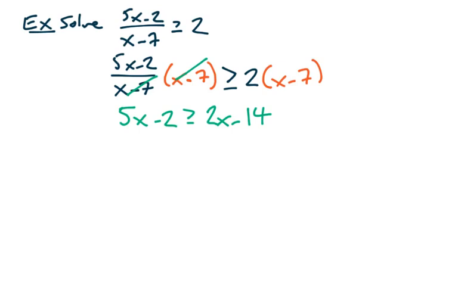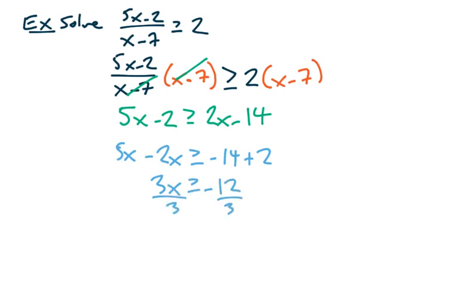So you would say something like this. 5x minus 2x, subtract the 2x to the left side. Might as well, while we're at it, add 2 to both sides. We get 3x is greater than or equal to negative 12. Divide both sides by 3. x greater than or equal to negative 4. Done.